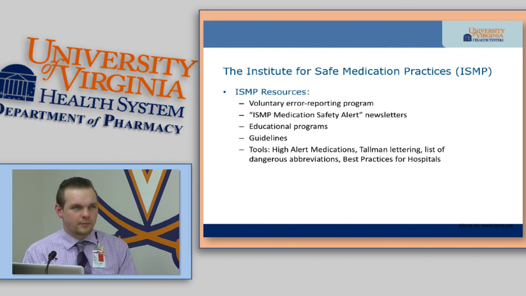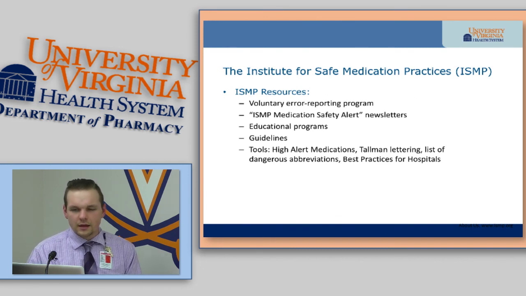They also provide educational programs and guidelines, as well as a number of tools. These tools include a list of high alert medications, a list of tall man lettering for distinguishing look-alike, sound-alike medications, a list of dangerous abbreviations, as well as best practices for hospitals, which we'll talk more about momentarily.